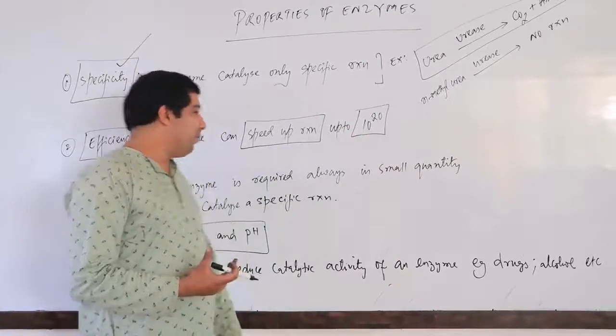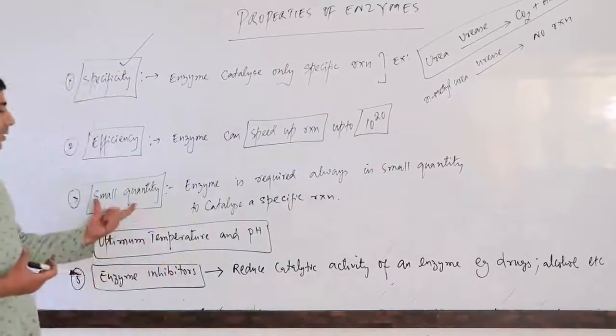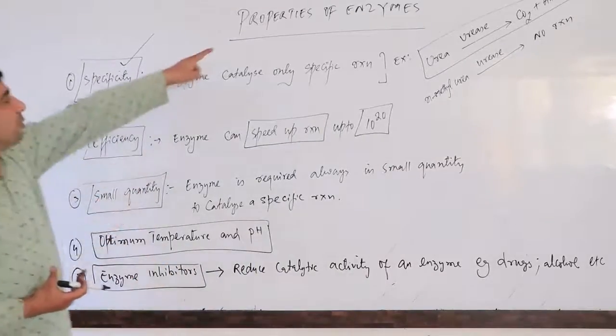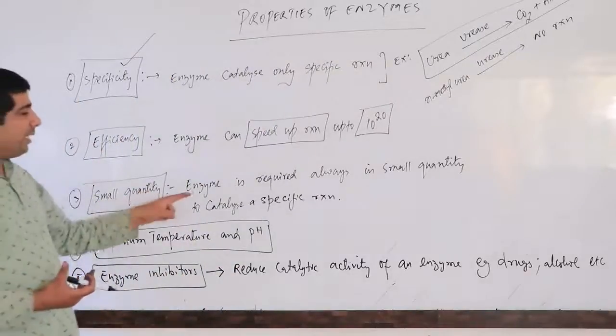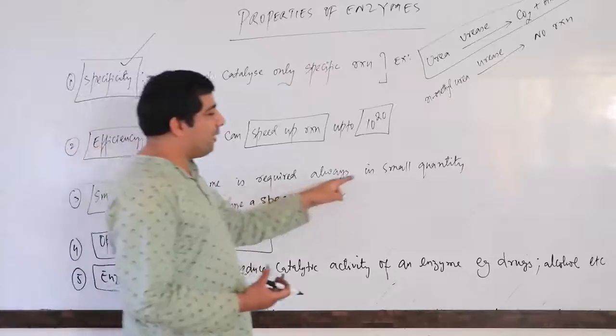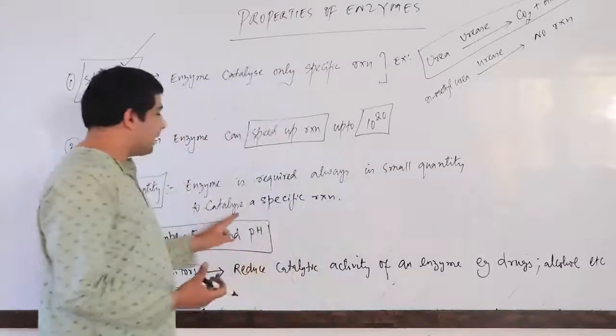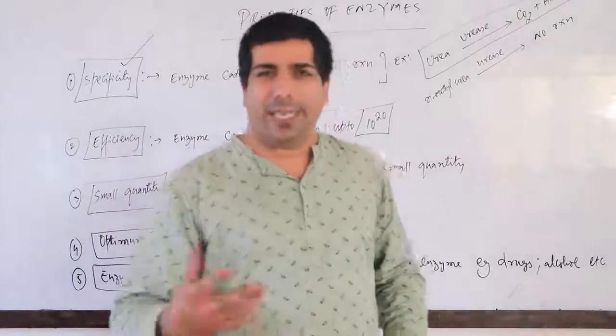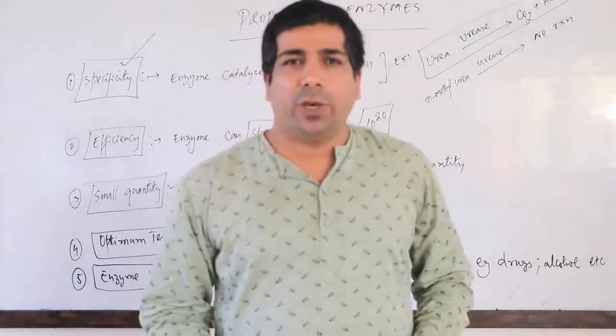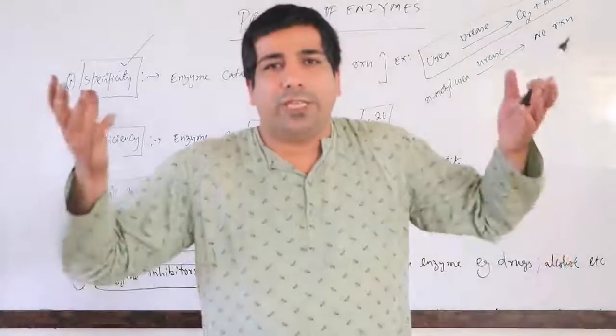Okay? Now, let's look at the small quantity. That's also a property of an enzyme. What's the meaning? Enzyme is required always in small quantity to catalyze a specific reaction. See here, when you want to catalyze any reaction, you don't need 1 kg of enzyme, 2 kgs of enzyme.